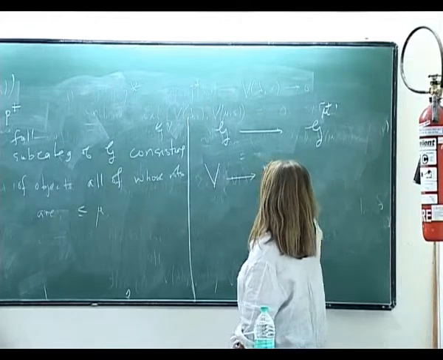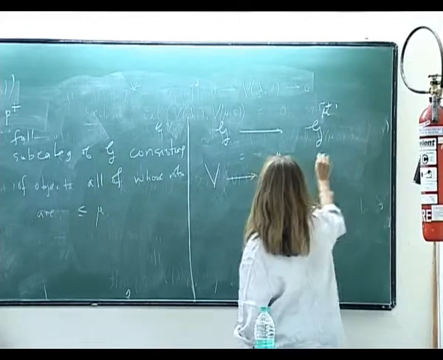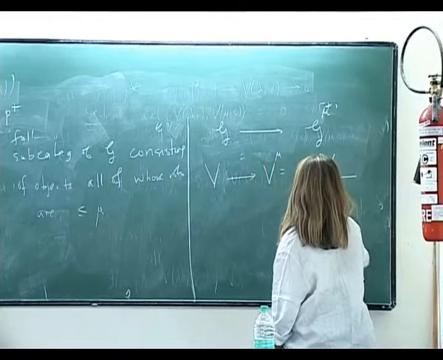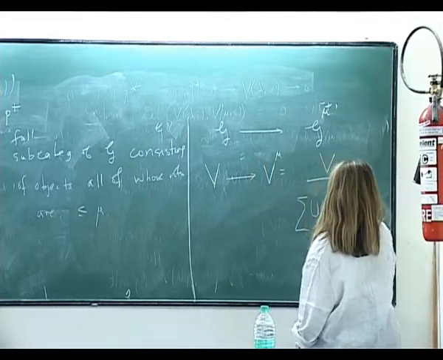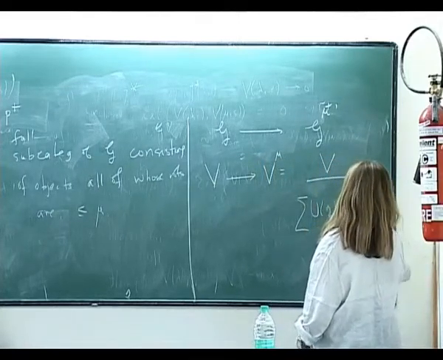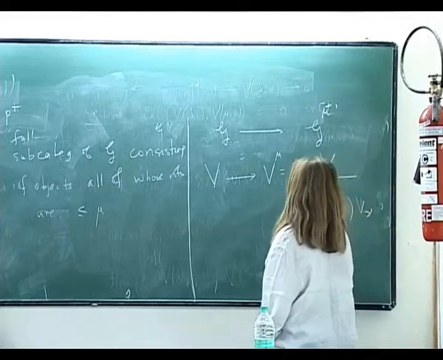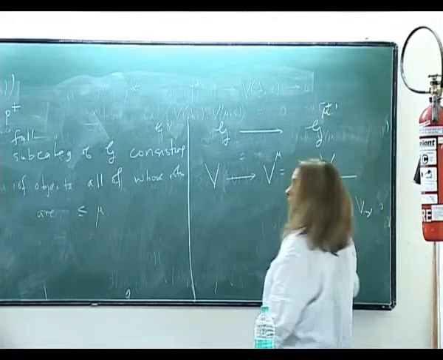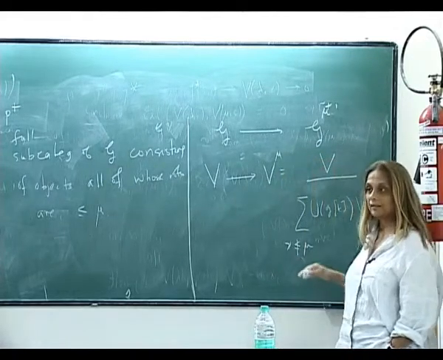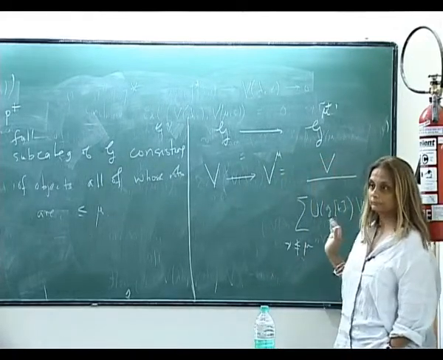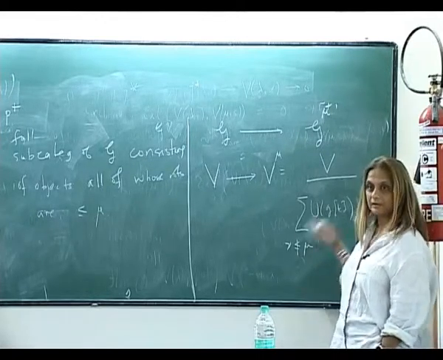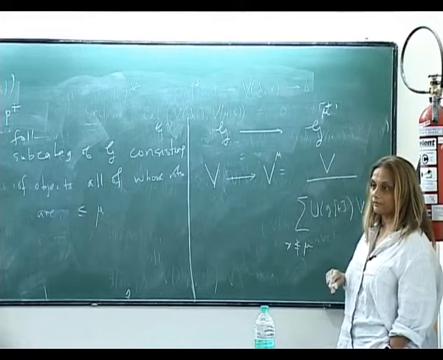So V goes to V mu, which is V modulo the sum over nu of the weight spaces V nu, where you demand that nu be not less than or equal to mu. I get rid of anything which is not less than or equal to mu, but I can't just take the sum of those subspaces. That's not a submodule, so I'll take the GT submodule that it generates.